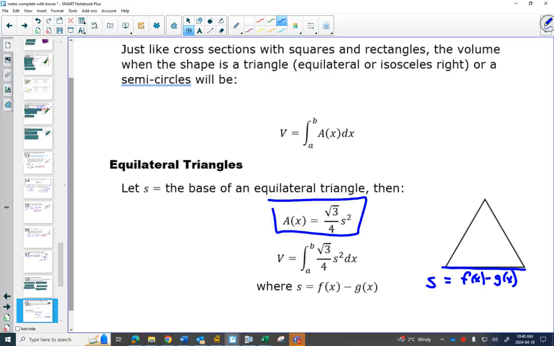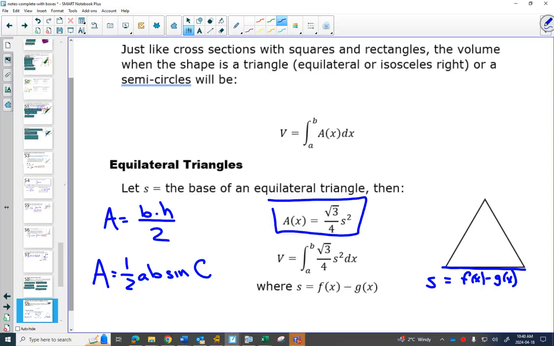Nobody had the 1/2 AB sine C? No. You would most likely think of area of a triangle as base times height divided by 2. You would probably not have this one down. Do you remember that formula? No, you don't even remember that at all. That one's from grade 11. They're both very nice in this situation.